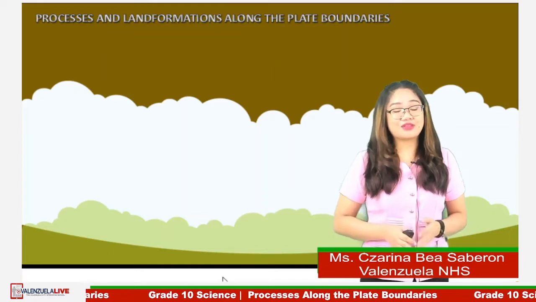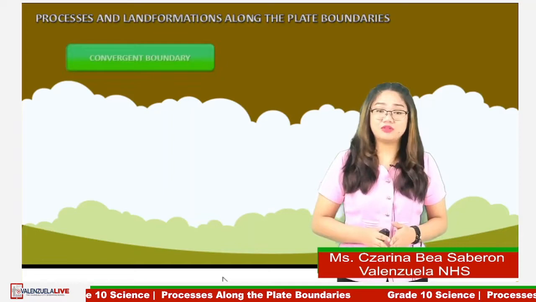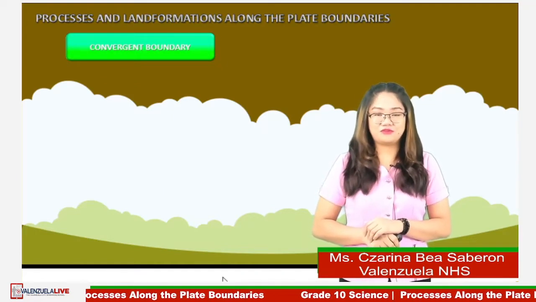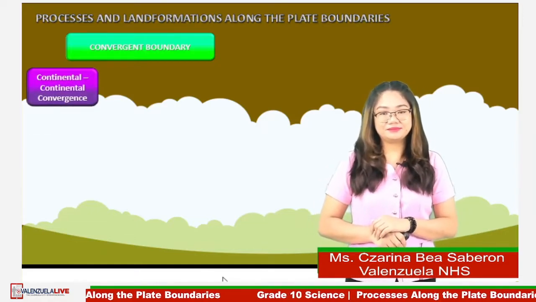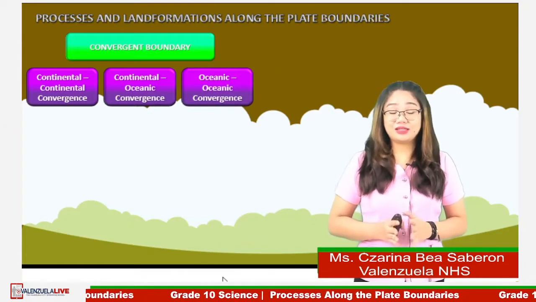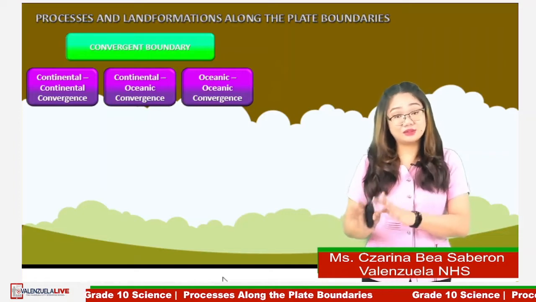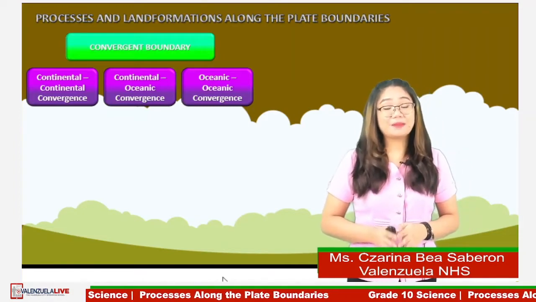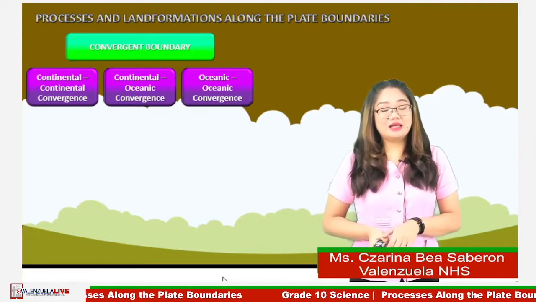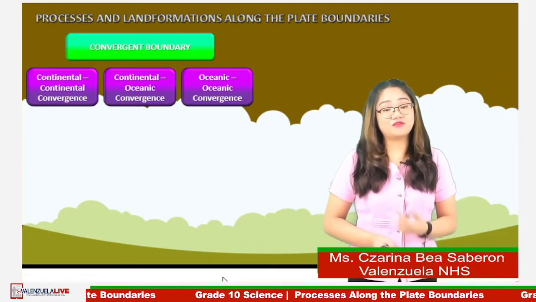the processes and land formations that happen along the edges of the plate boundaries. So once again, we have the convergent boundary. And under convergent boundary, what are the three types of convergence? First we have the continental convergence. Next, we have the continental to oceanic convergence. And lastly, we have the oceanic convergence. Now, what are the landforms associated with this type of convergence?